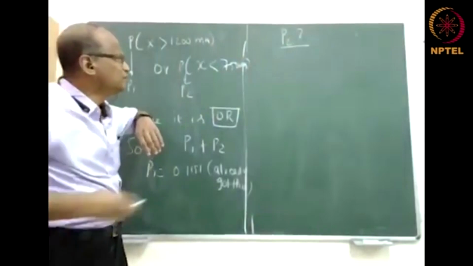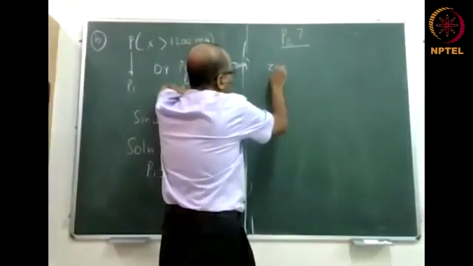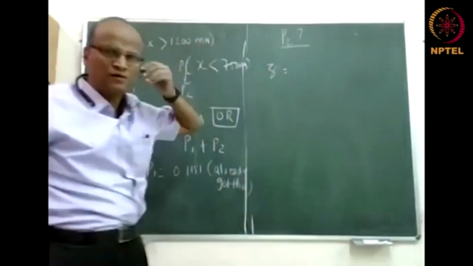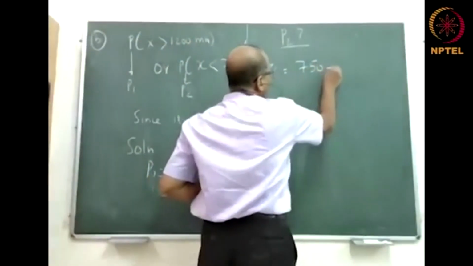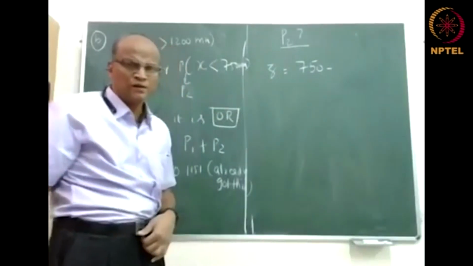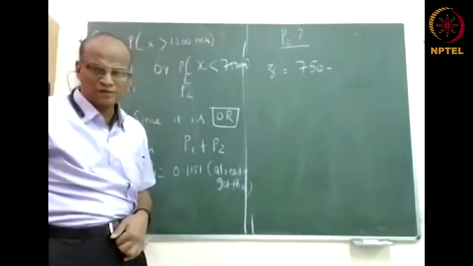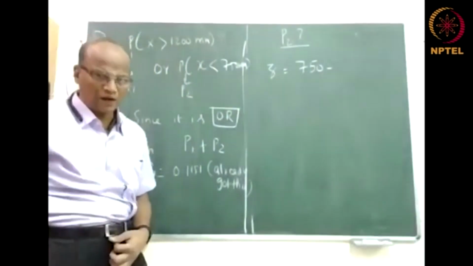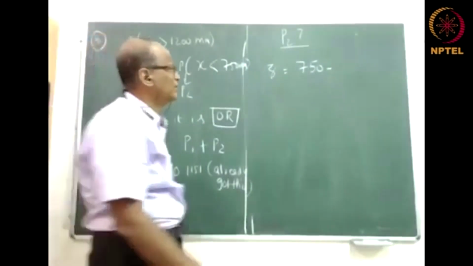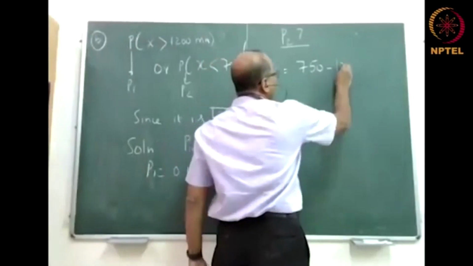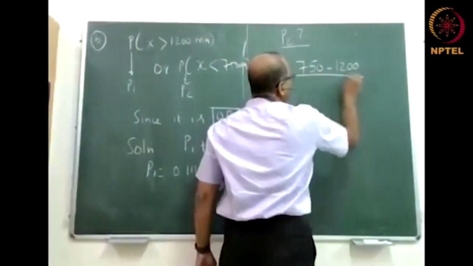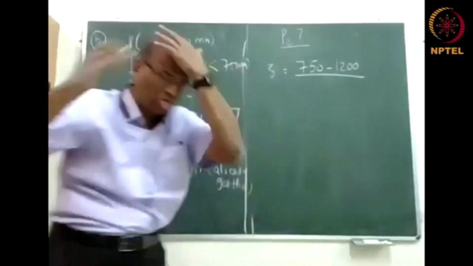Again, Z. Z is equal to 0.5. 750 minus... Minus 0.6, sir. I did it wrong actually. You did it wrong. 750 minus 900, 1200. 900, 30.85.